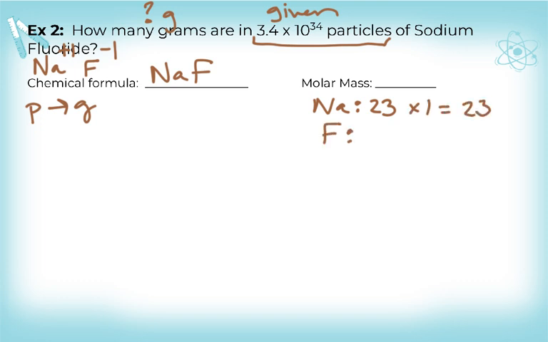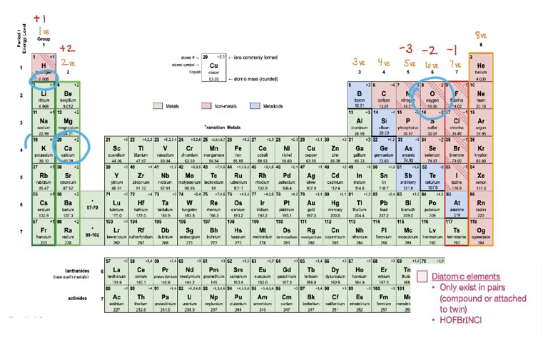Fluorine has a mass of 19, and I have 1 fluorine. And I can add those together. So my molar mass is 42 grams per mole for sodium fluoride. I got my sodium value from rounding 22.9 and my fluorine from that 19, so use your periodic table.